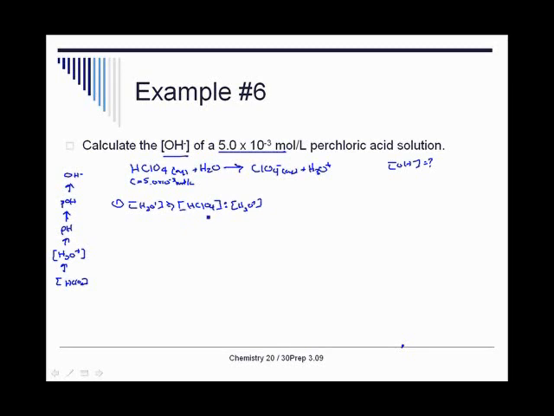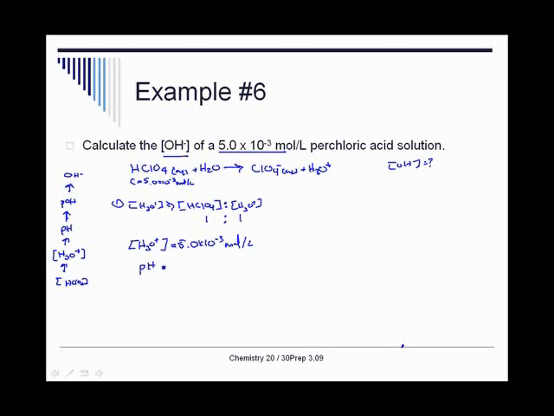In other words, for every 1 mole of perchloric acid, we get 1 mole of hydronium ions. The concentration of the two things are going to be equal. So we know that the concentration of hydronium ions is going to be 5.0 times 10 to the negative 3 moles per liter.